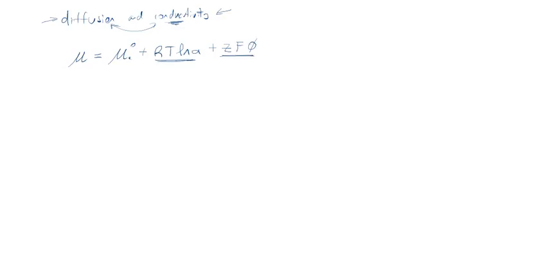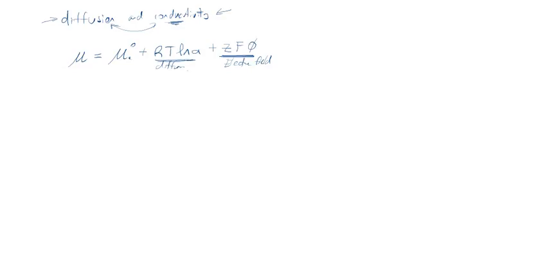And then this here will be looking at migration, which originates from some sort of electric field. And this here will be some sort of diffusion. So that's one thing we can calculate.